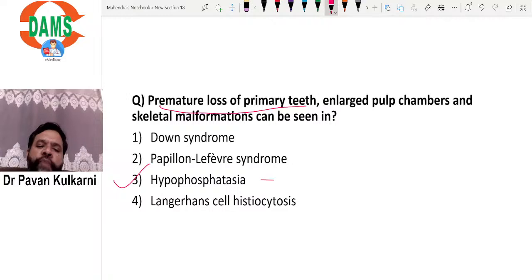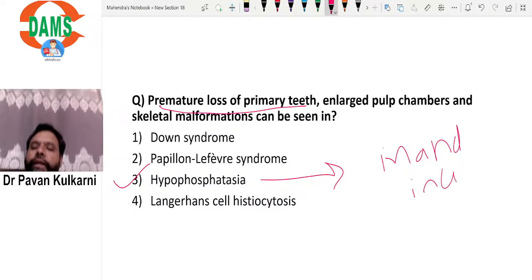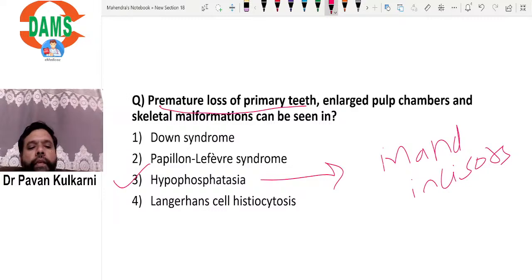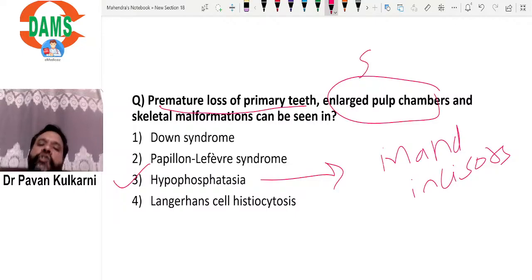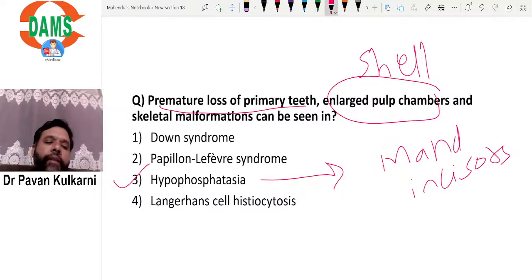So hypophosphatasia typically affects mandibular incisors. There will be enlarged pulp chambers, that is, shell teeth are seen in hypophosphatasia, and there will be skeletal malformation, bone abnormality.